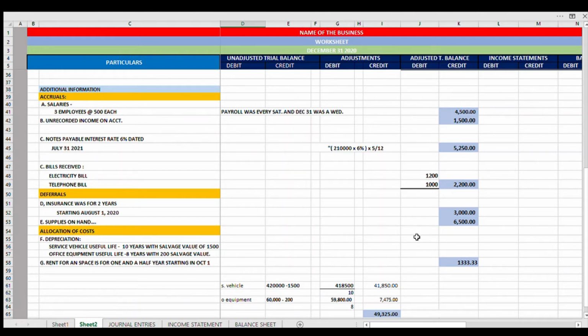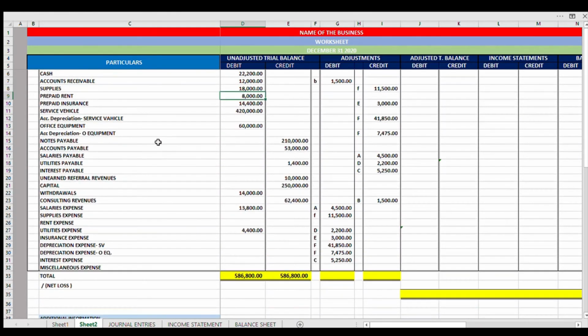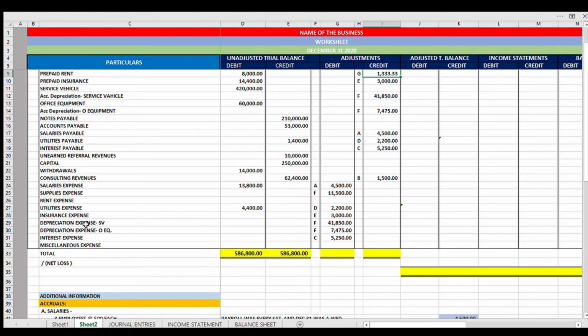So, the answer is 1,333.33. So, let's enter this into the worksheet. Okay? So, ang prepaid rent natin ay mababawasan ng 1,333.33 and we have now the rent expense.